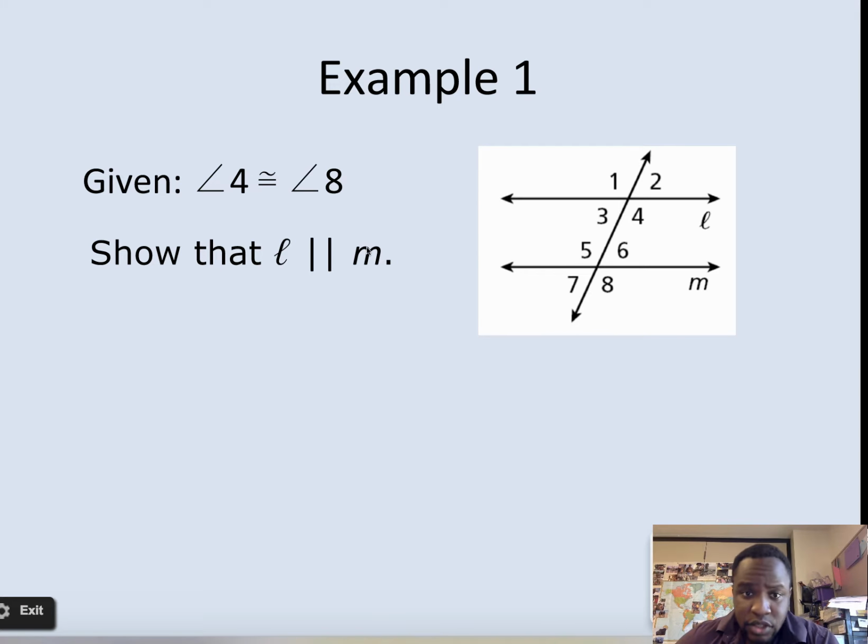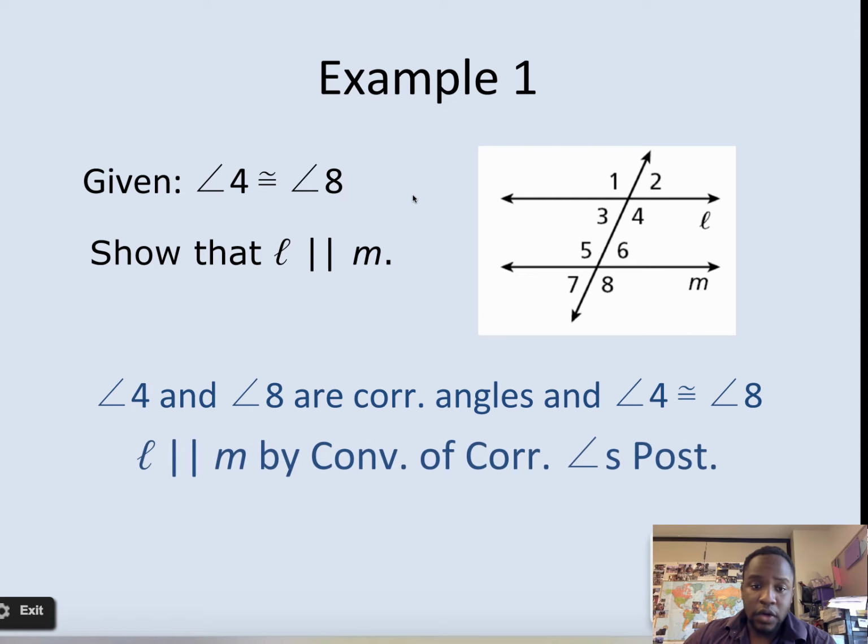All right, so it's given to us that angle 4 is congruent to angle 8. How can we prove that line L is parallel to line M? Well, we know that angle 4 and angle 8 are corresponding angles, and we know that angle 4 and angle 8 are congruent because it's given to us.